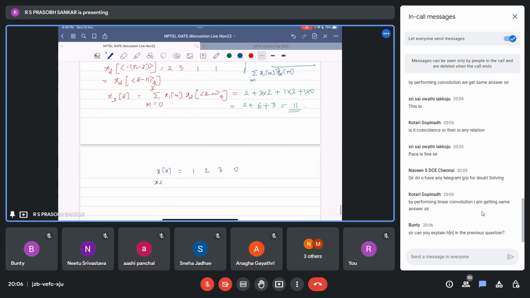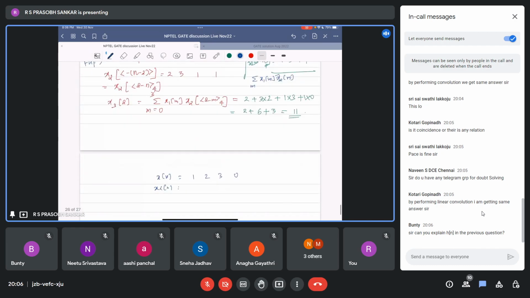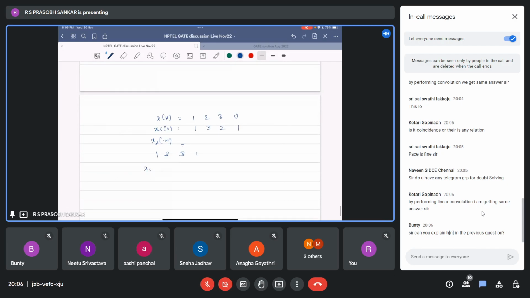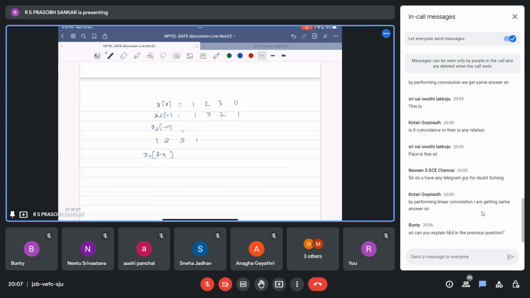Let's check. x1 is 1, 2, 3, 0, and x2 is 1, 3, 2, 1. So x2 of minus n will be 1, 3, 2, 1, and x2 of 2 minus n, we're shifting it right.